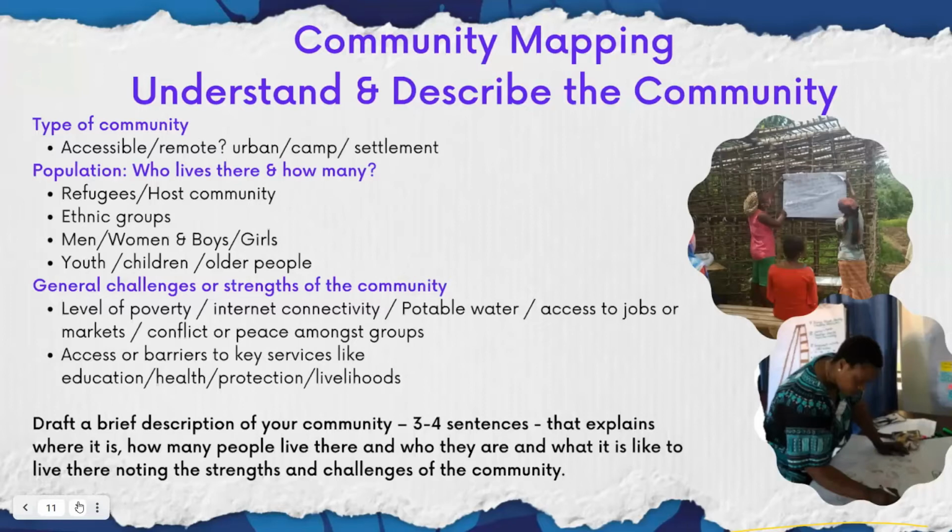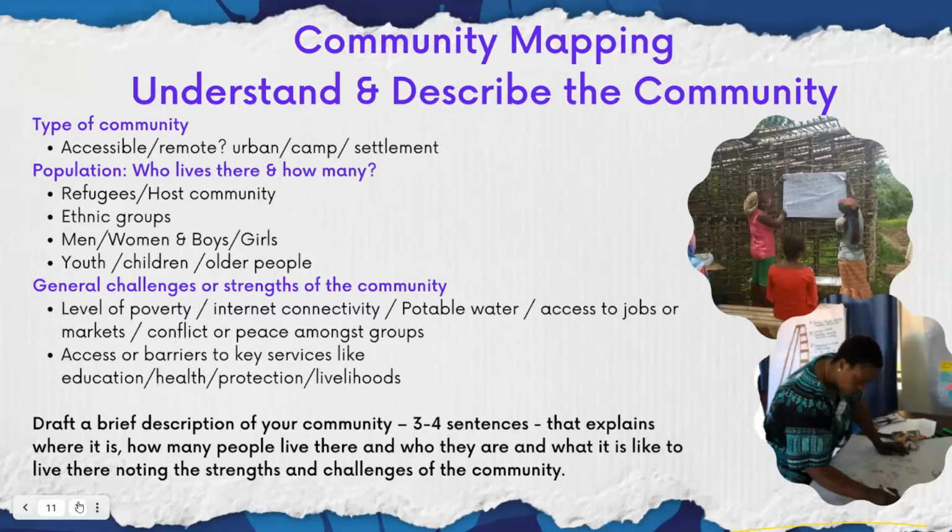If there are 1,000, 100,000, or 50,000 people there, you need to state that. Then, after you have pointed out all these points and noted the important ones, you will have a draft community description of your community, which we're going to be doing right now in about 1 minute.